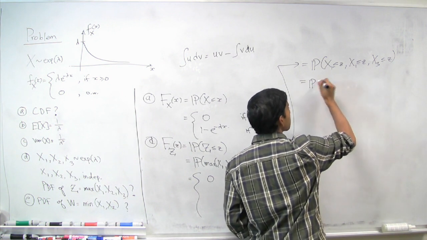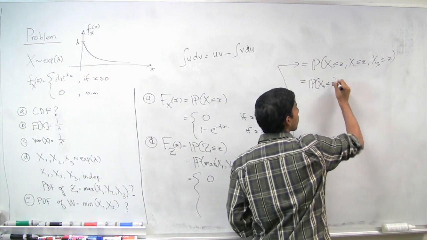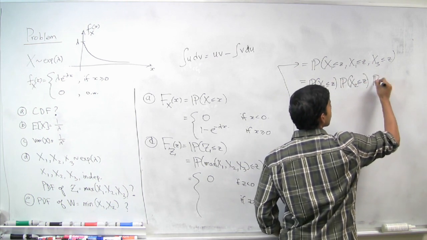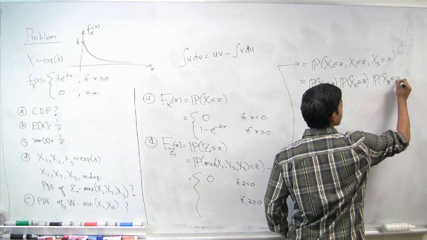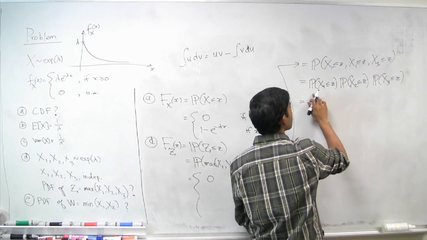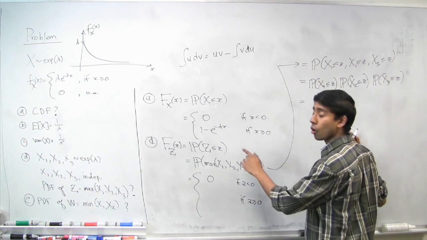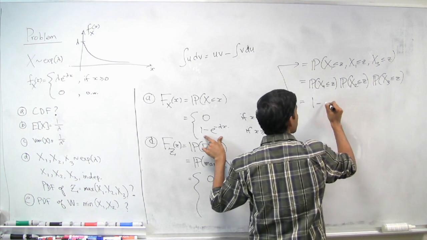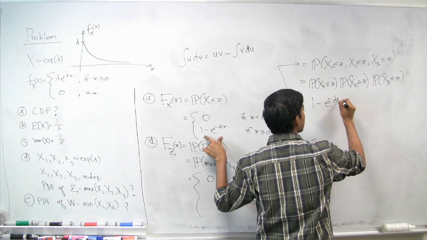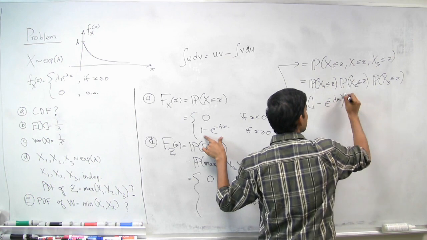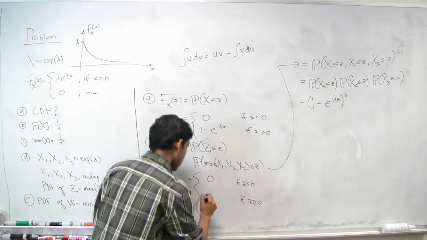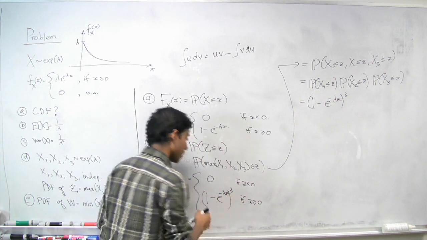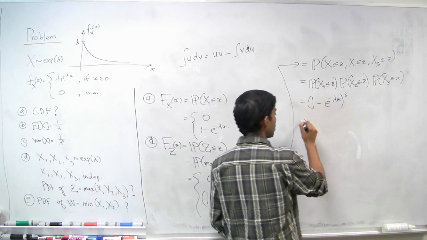By independence, we can break this up. All right, and we get, these are all CDFs of the exponential, and they all have this form. So it's just going to be 1 minus e to the minus lambda z, cubed. Okay, so plug this in here. And then try to take the derivative to get the PDF.